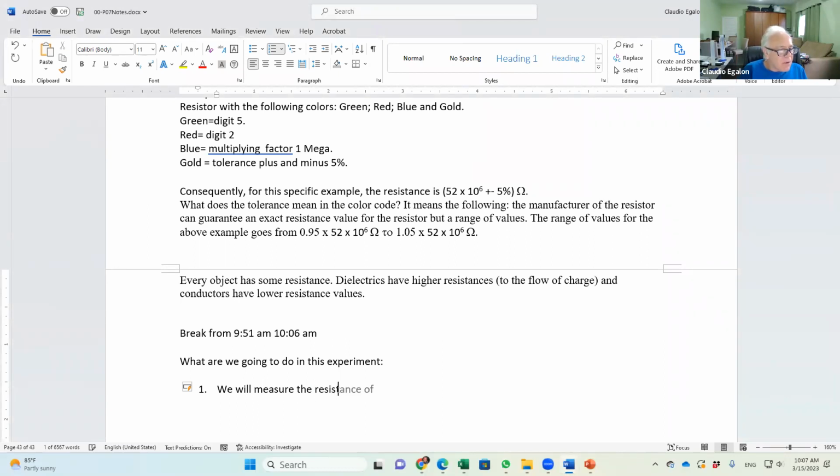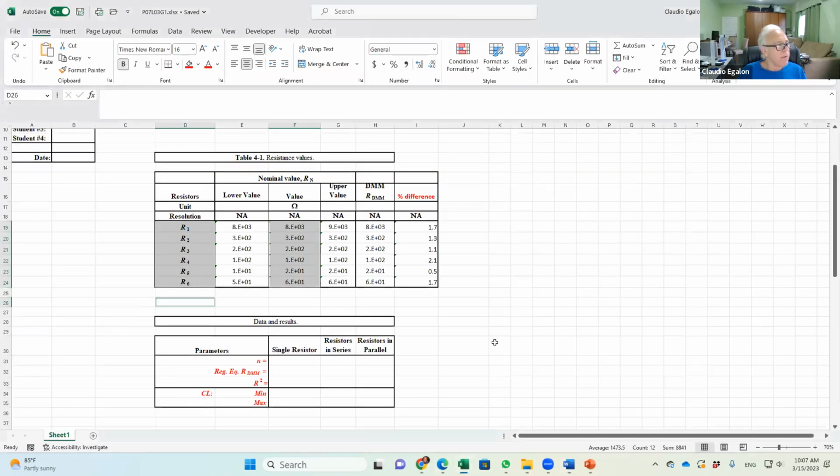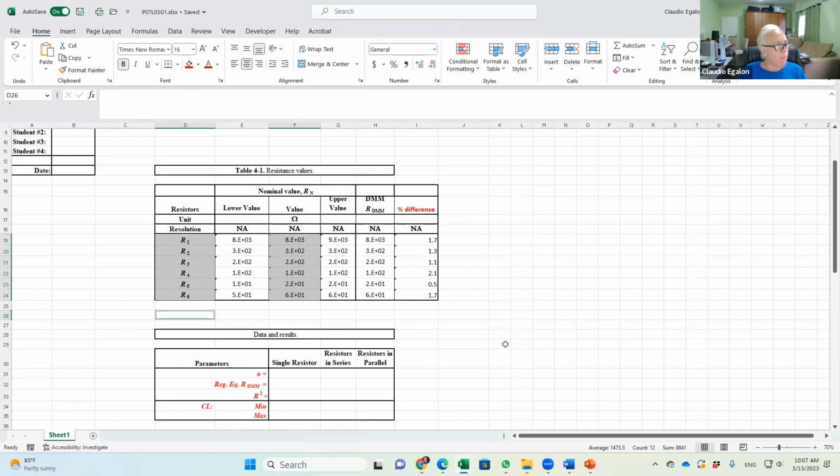We'll measure the resistance of each resistor separately, and that's what table 4.1 is all about. Resistor 1, resistor 2, resistor 3, 4, 5, and 6.